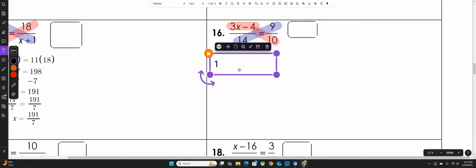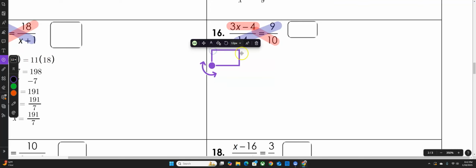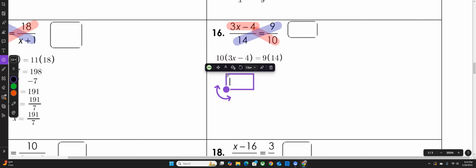So we have 10 times 3x minus 4 is equal to 9 times 14. Once we distribute, we get 30x minus 40, and that is going to be equal to 126.